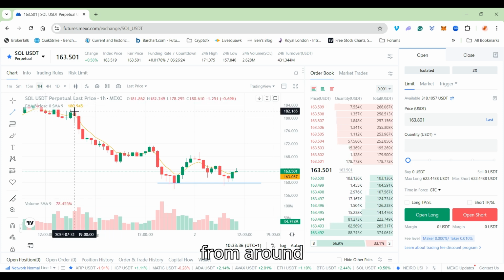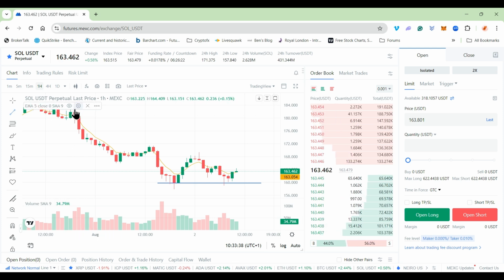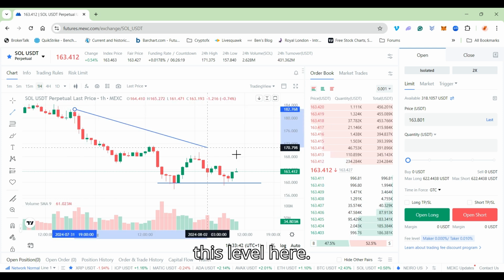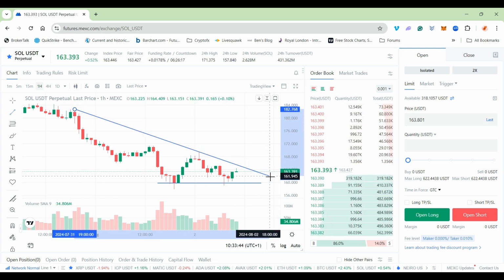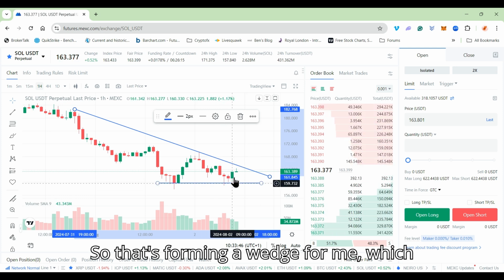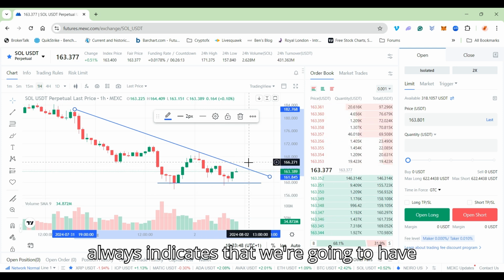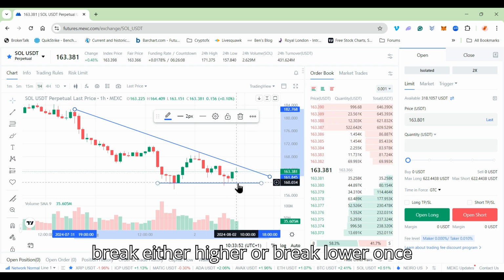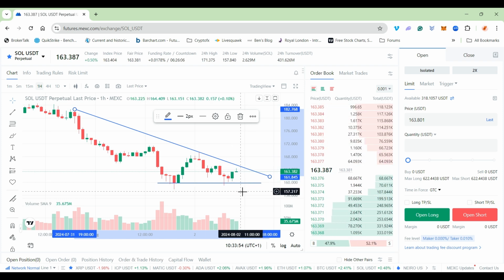These from around this level here. So that's forming a wedge for me, which always indicates that we're going to have some sort of action because it's going to break either higher or break lower once it reaches these levels.